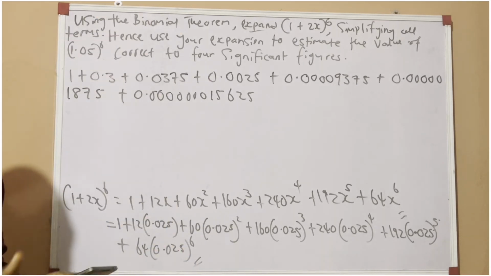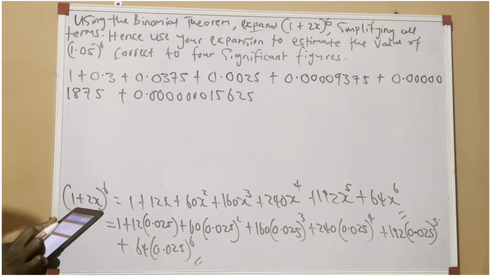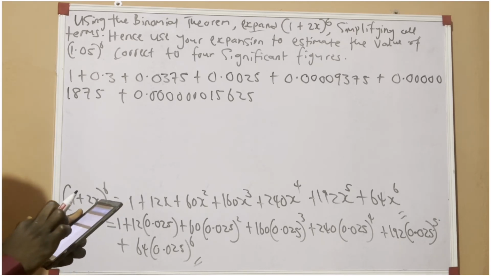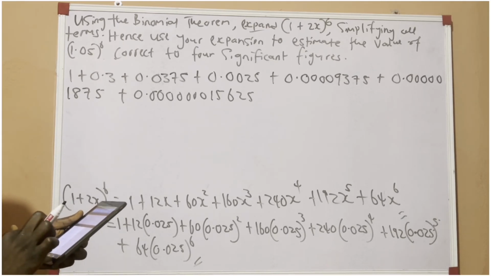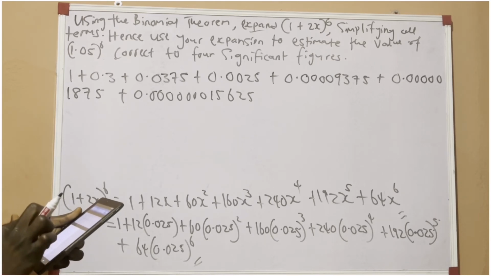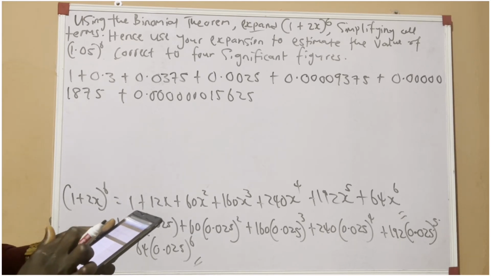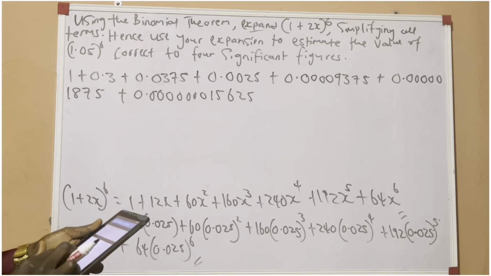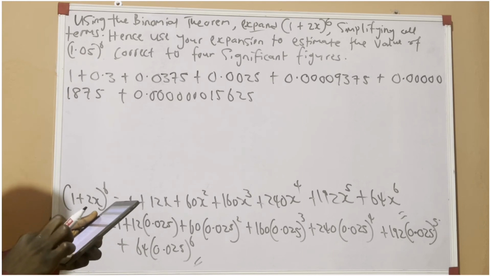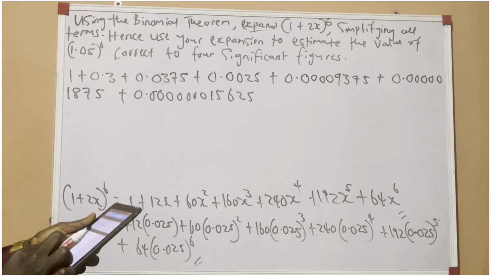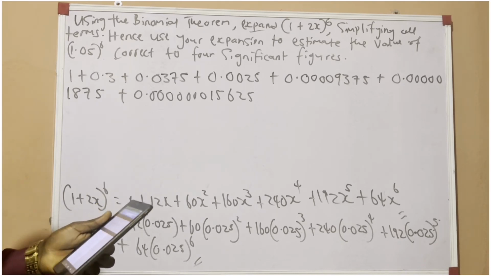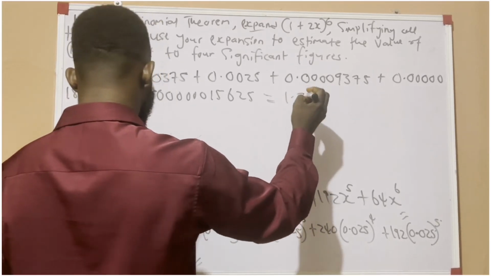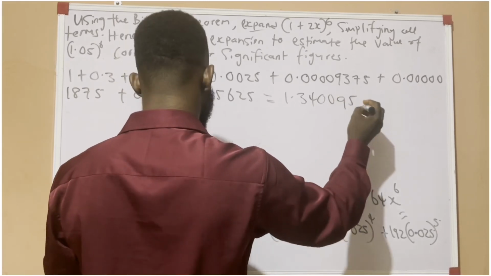All right. Now what we're going to do is add all of these and see the answer we're going to get. This becomes 1 plus 0.3 plus 0.0375, plus 0.0025, plus 0.0009375, plus the next two terms, and when we add, we are going to get our result as 1.34009562.